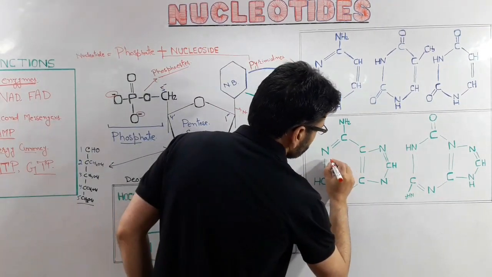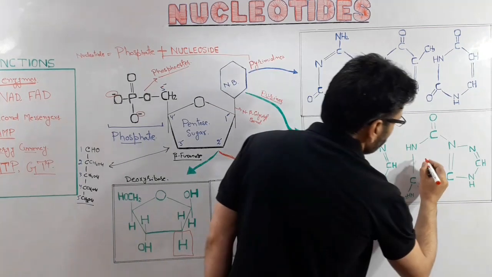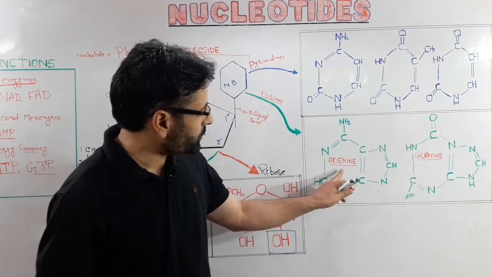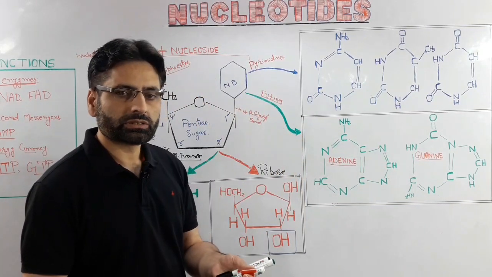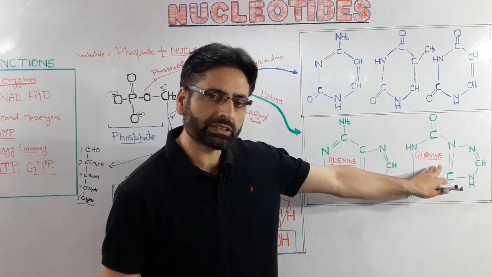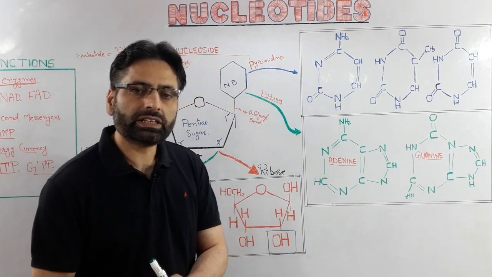In purines we have adenine and we have guanine. So we have 2 nitrogen bases, adenine and guanine, called the purines, and these 2 nitrogen bases are present both in RNA as well as in DNA.